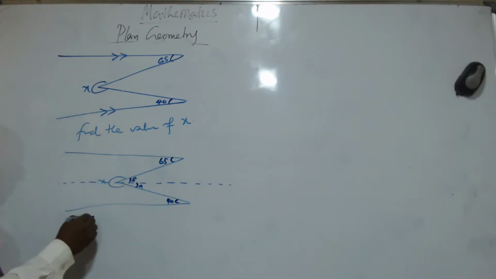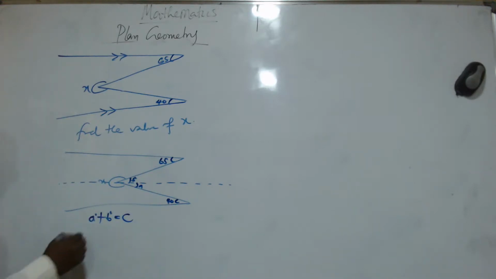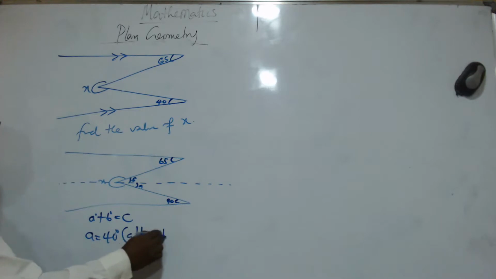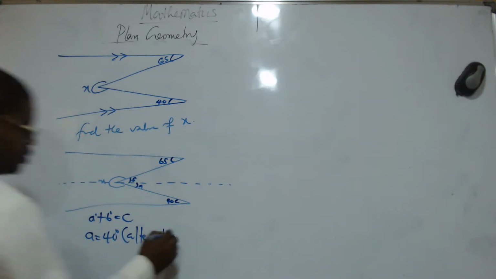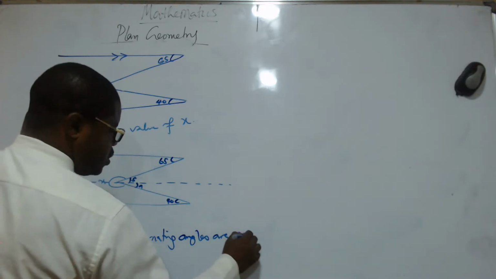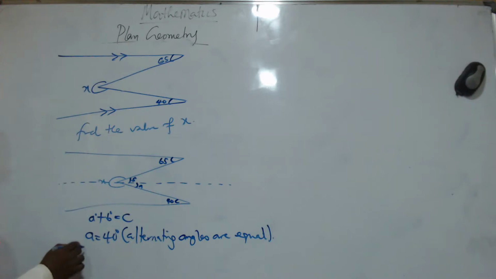So now see, A plus B is equal to C. So A is equal to 40. Reason: alternate angles are equal.